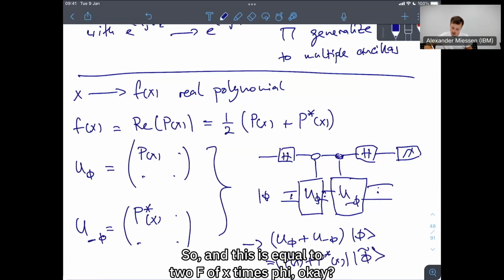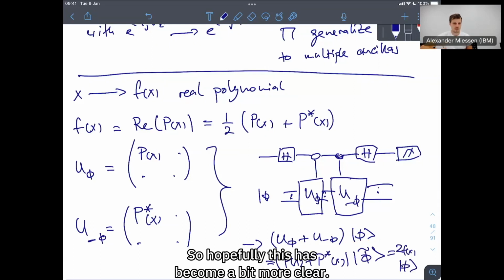And this is equal to 2f of x times phi. So hopefully this has become a bit more clear.